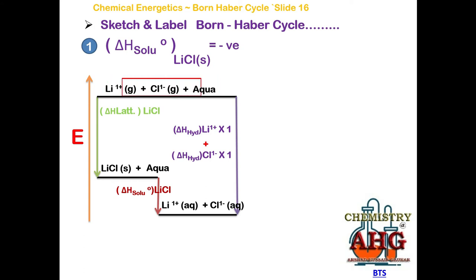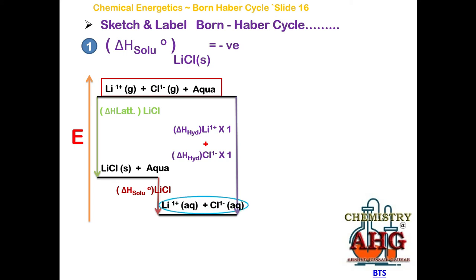Gaseous ions and aqua, this is the initial stage. Why? Because both the arrows take a start here. The position from where both the arrows start is known as the initial stage. And the position where both the arrows end up, where the arrows have their heads, is known as the final stage. This is the final stage.